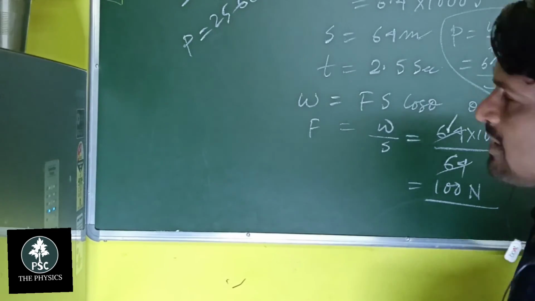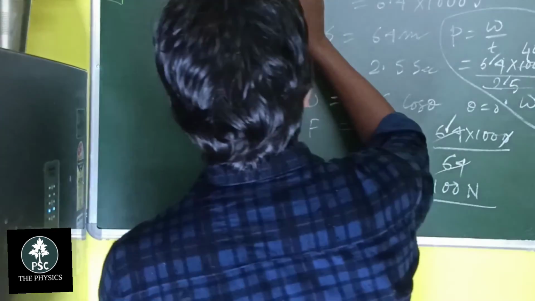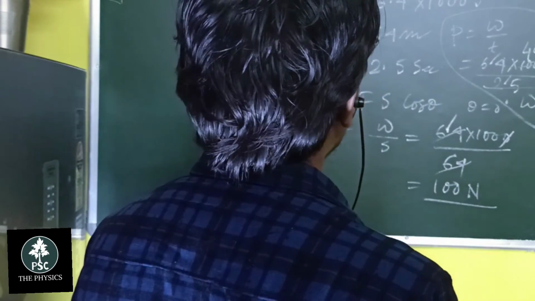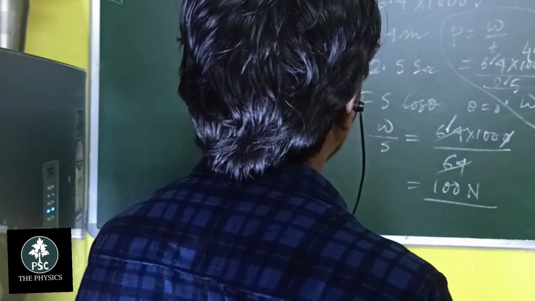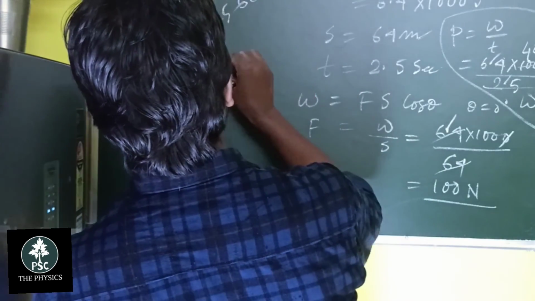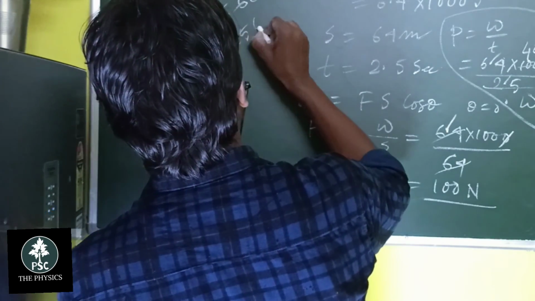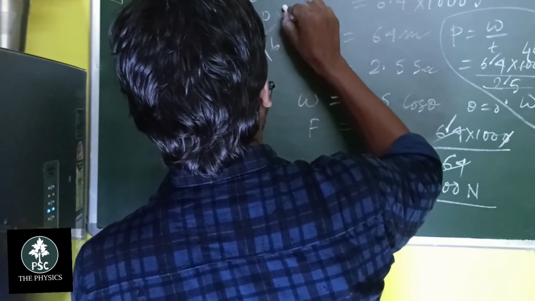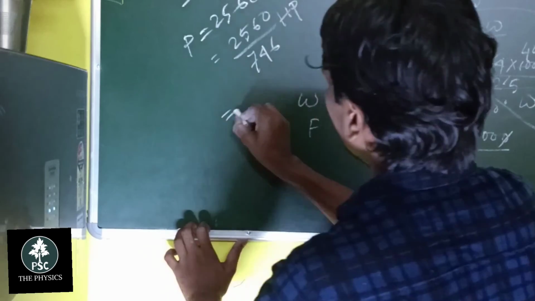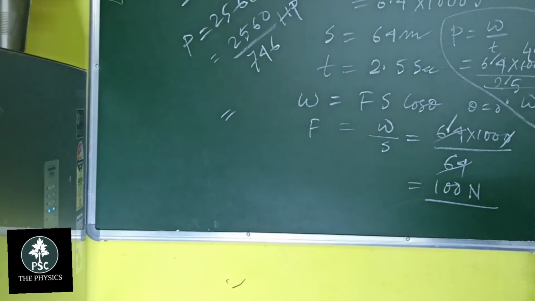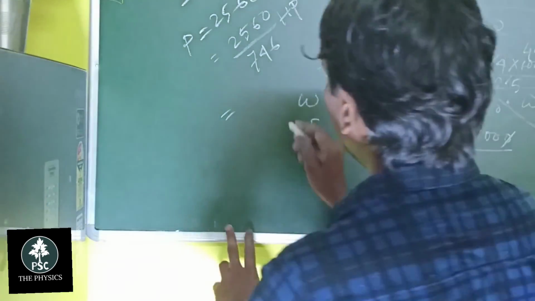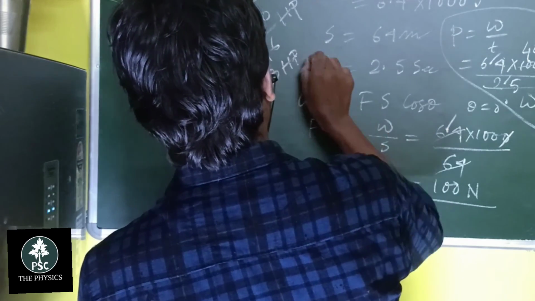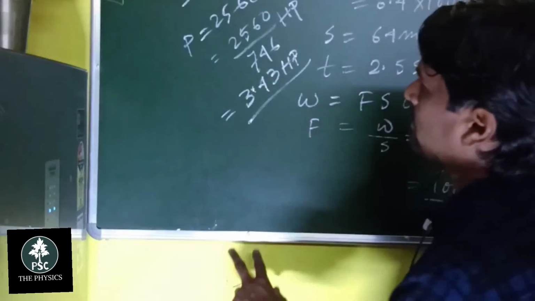And you can write it as 2560 by 746 horsepower. Then you get 3.43 horsepower approximately. So this is the value of power spent by the man.